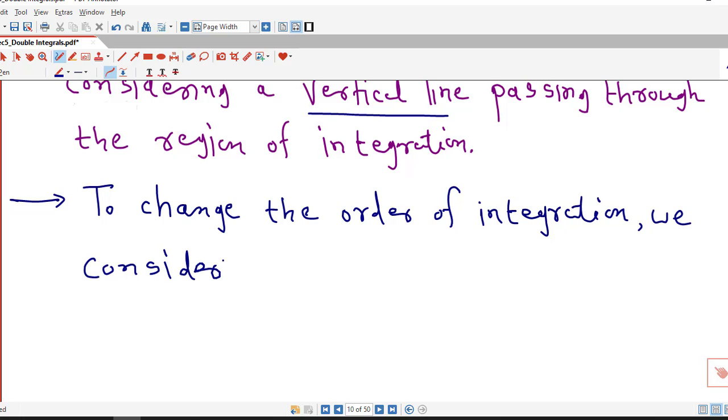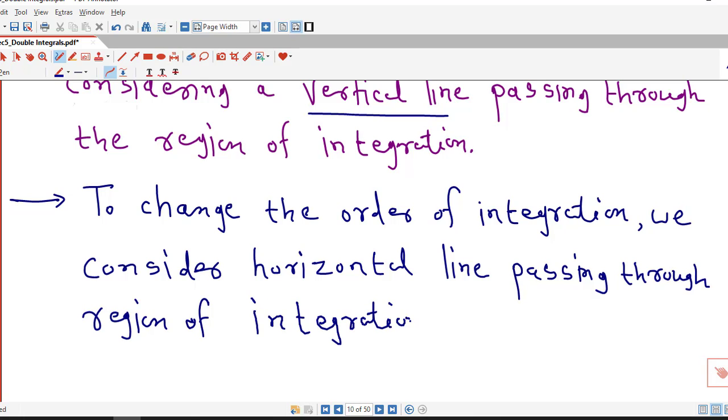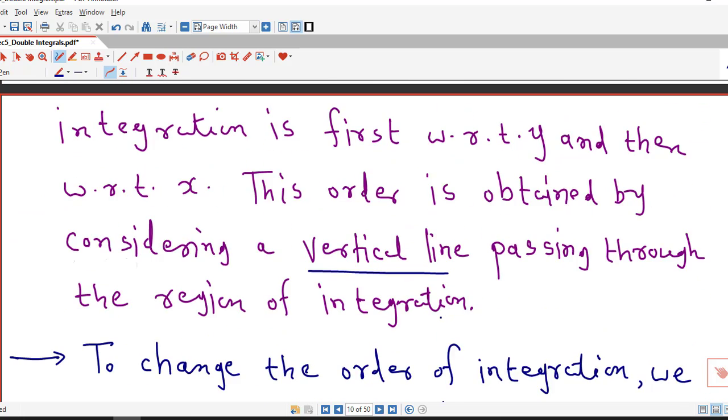We consider horizontal line passing through region of integration. So our limits will also change.